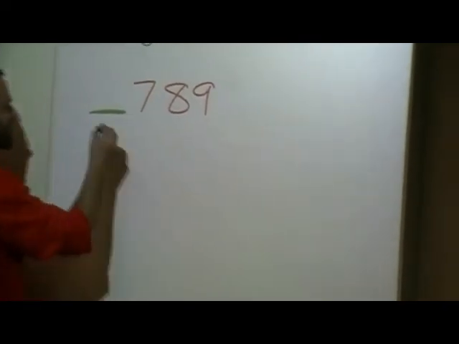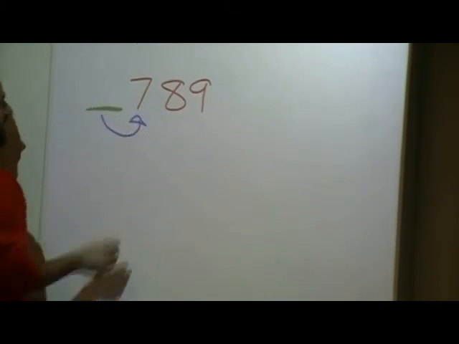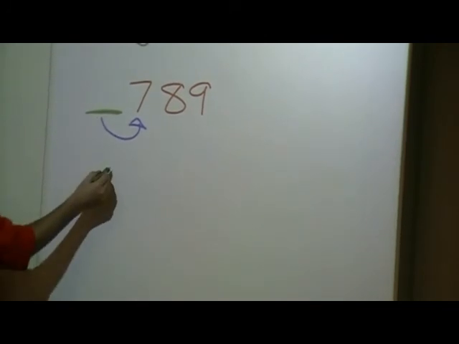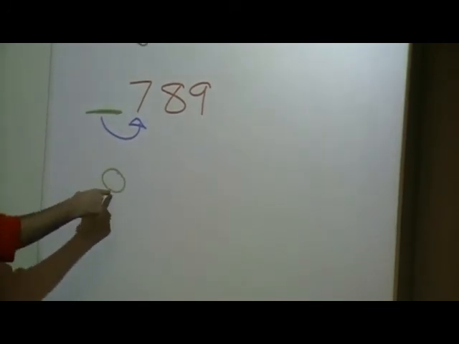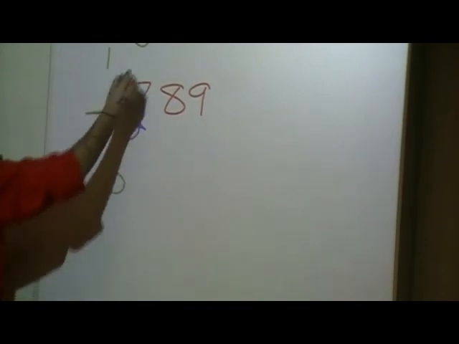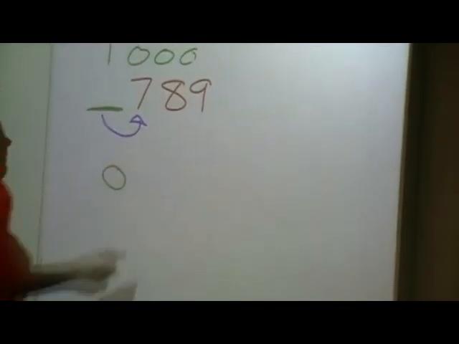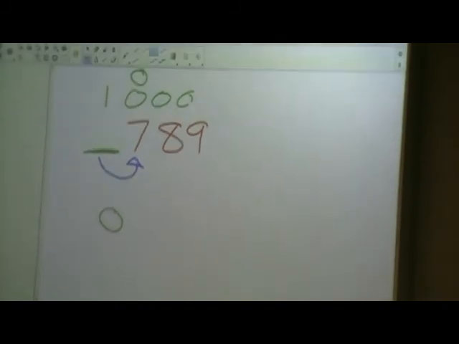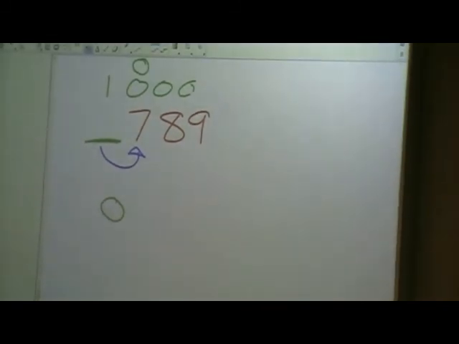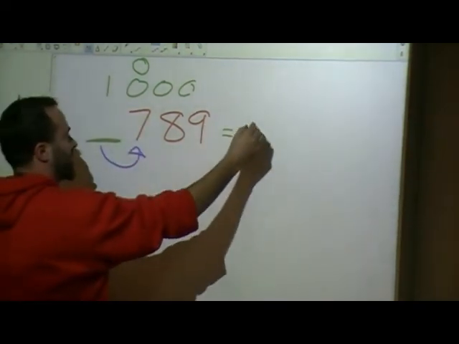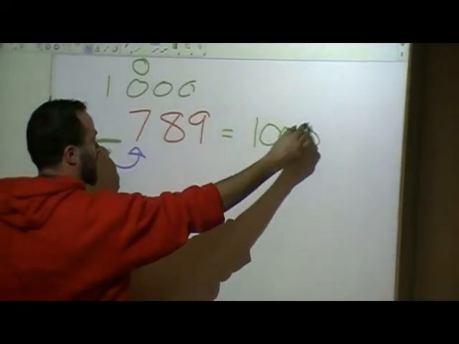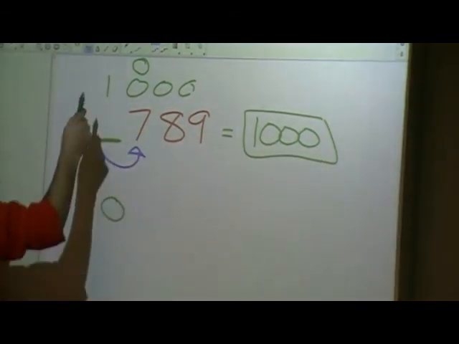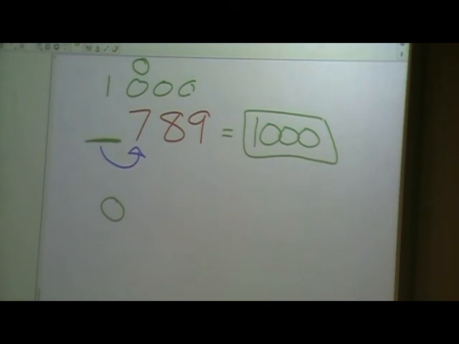So we're going to look to the number directly to the right and decide, since I'm at 0 thousands, this is going to be between 0 and 1,000. Looking at the 7, it tells me I need to go up, correct? Right, so I round up to 1,000. 789 is closer to 1,000 than it is to 0.